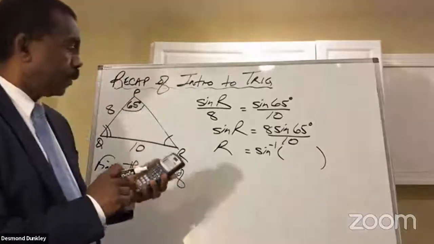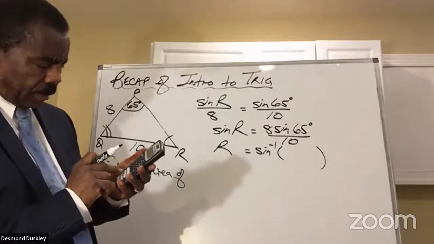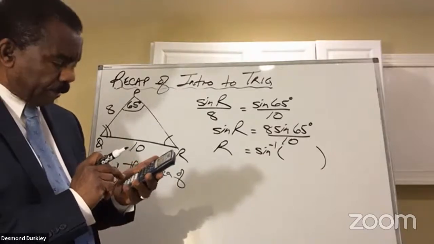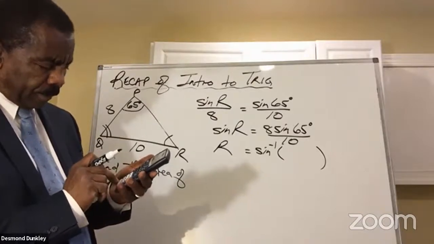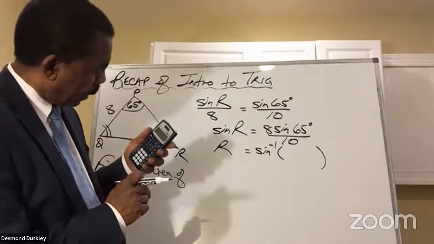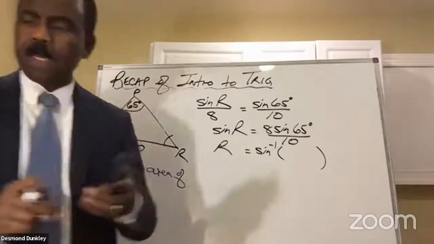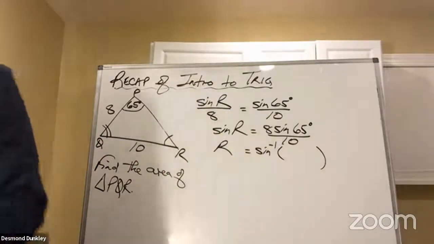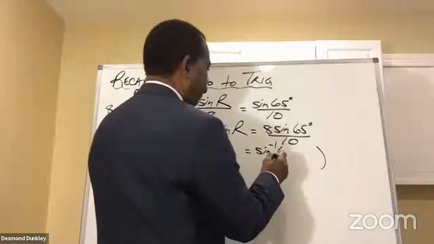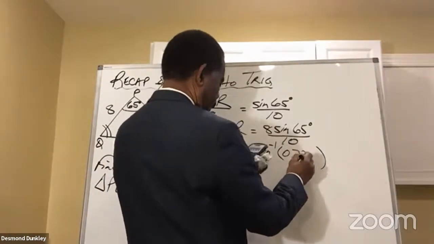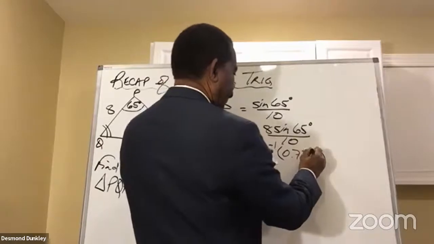So here we go. We do 8 times sine of 65. That gives us 7.25046, divided by 10, so it's 0.7250.